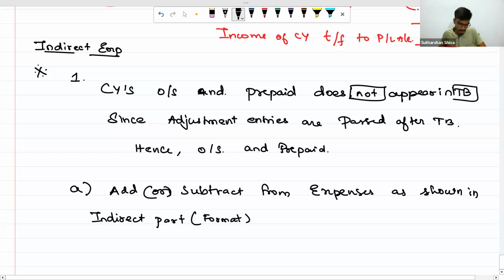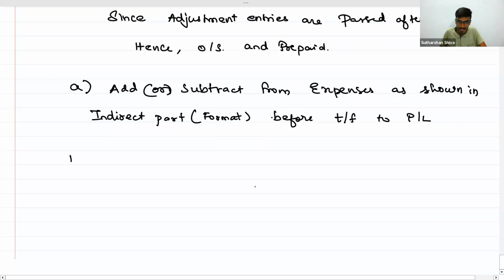before transferring to P&L. This is the one probability. Whenever it does not appear in the trial balance, you need to make two adjustments. One is done.